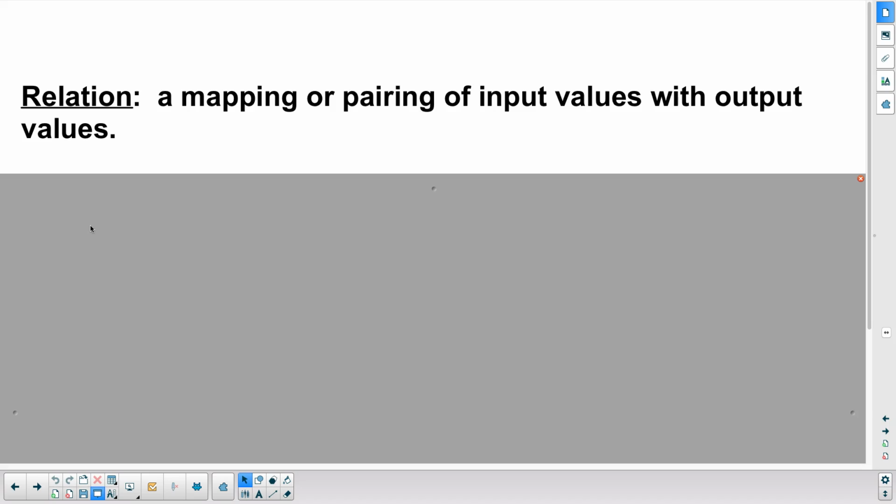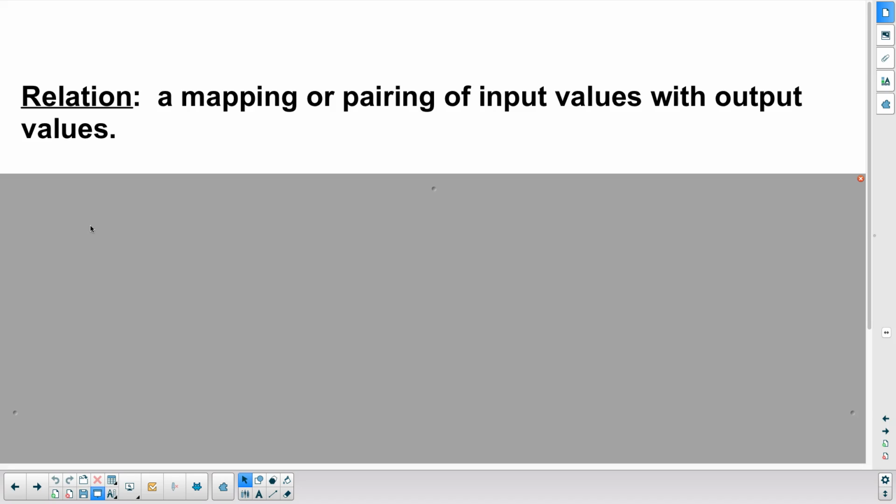In the case of chapter 2, and really in all of algebra, we are going to pair an input with an output. So we're going to take a number, put it into a relation, and out of that relation is going to come the output.